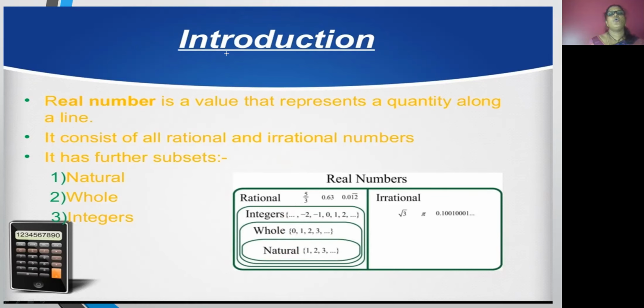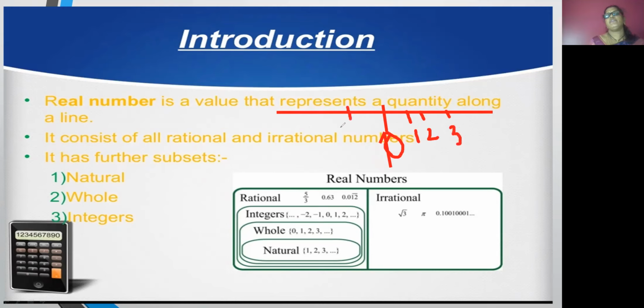If I start from 0, 1, 2, 3, these are called whole numbers.